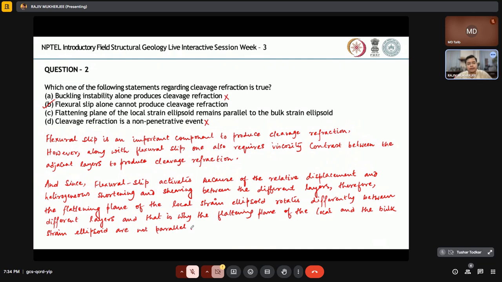Okay, so this is how we approach understanding the relation between flexural slip and cleavage refraction. So this was question number 2.